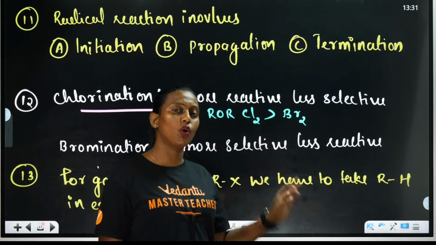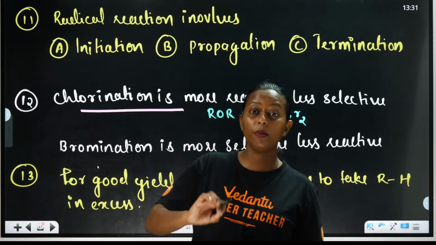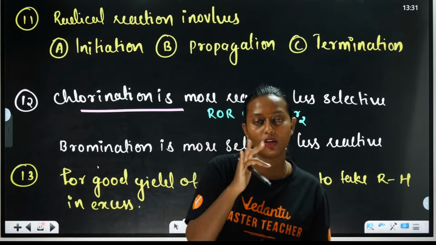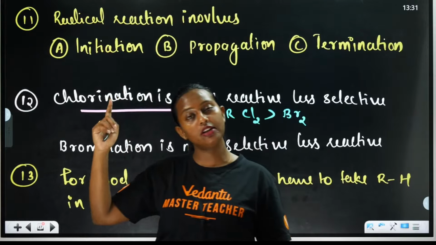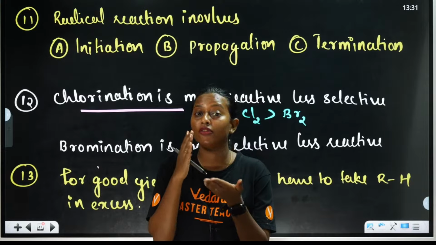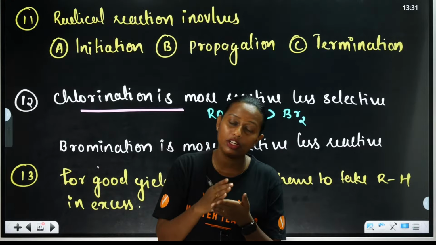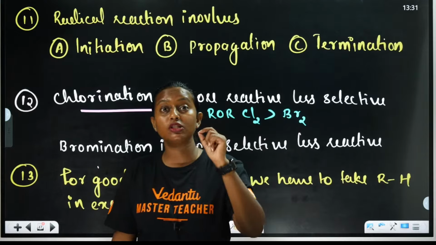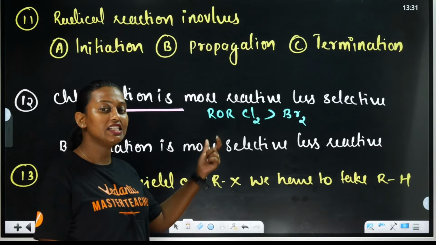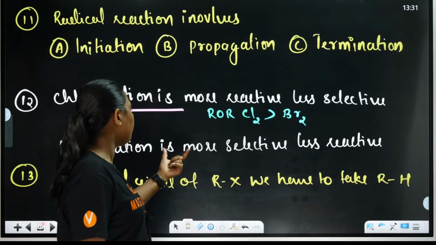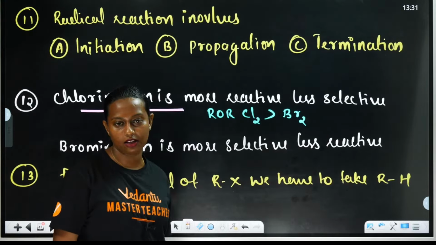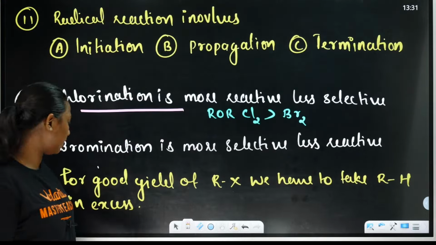But in case of bromination, we know that bromination is more selective, toward the tertiary side. 1600 irukku. What is 1600? The rate of the tertiary reaction is 1600. That means it is highly selective and less reactive.